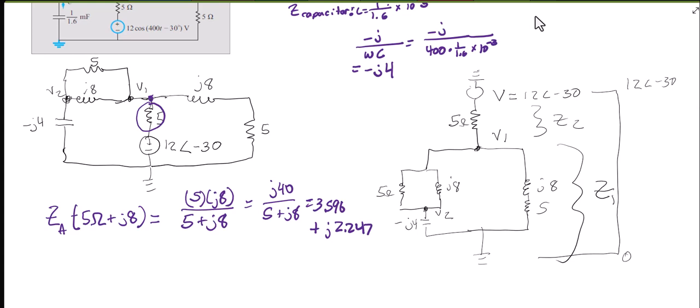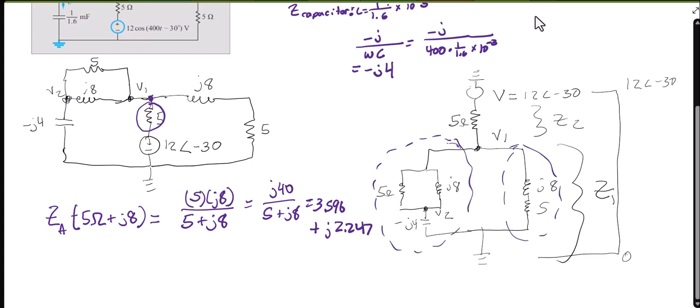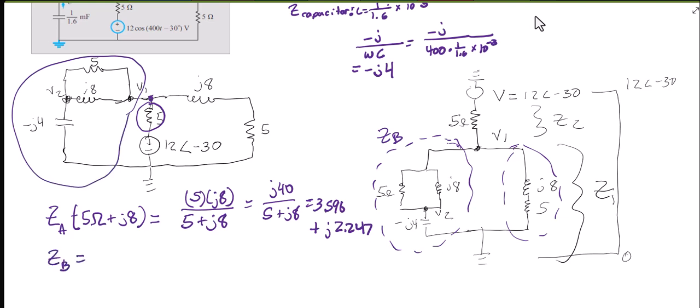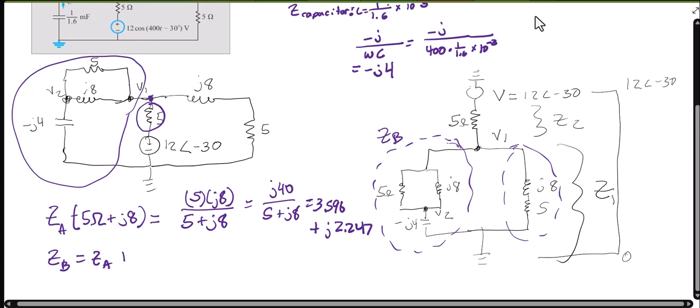And then if I look at the way I drew it over here to conceptualize it, I can say that this part is in parallel with this part. So now I'll call ZB the impedance of this side over here. So ZB equals ZA plus minus J4.